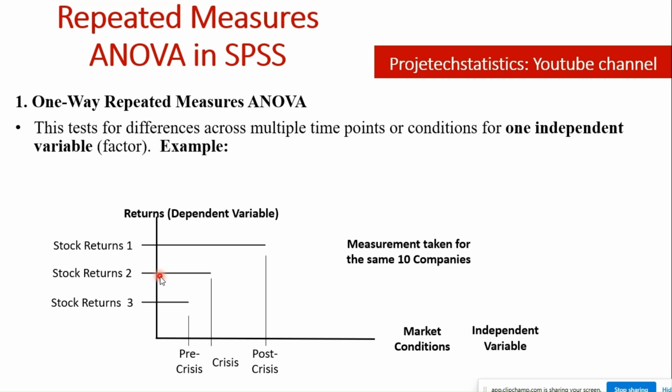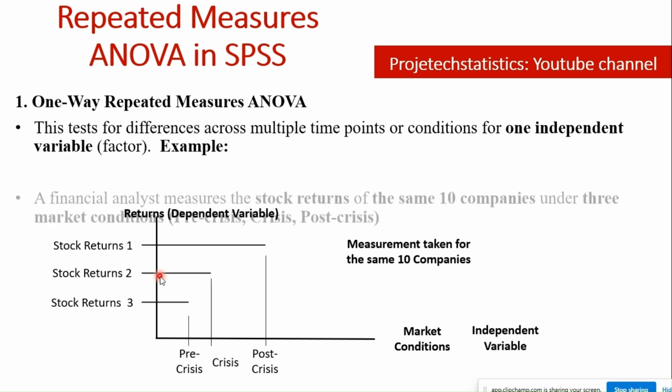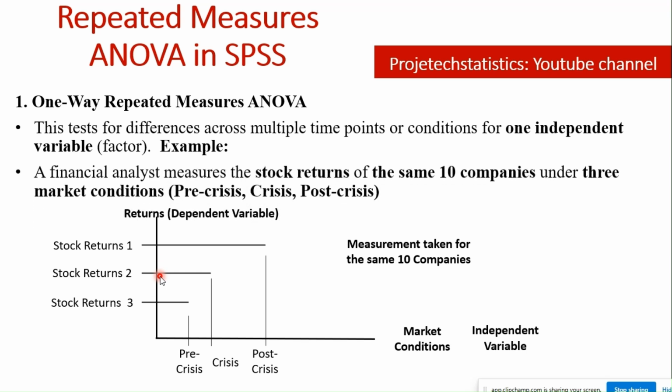This tests for differences across multiple time points or conditions for one independent variable. What it means is that you have one independent variable. When your independent variable is only one, then you are dealing with one-way repeated measures ANOVA.